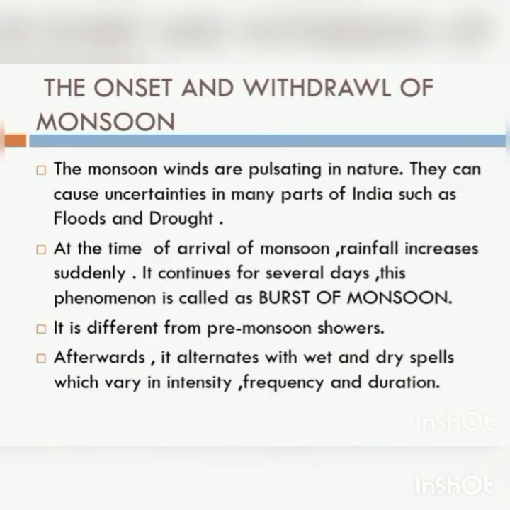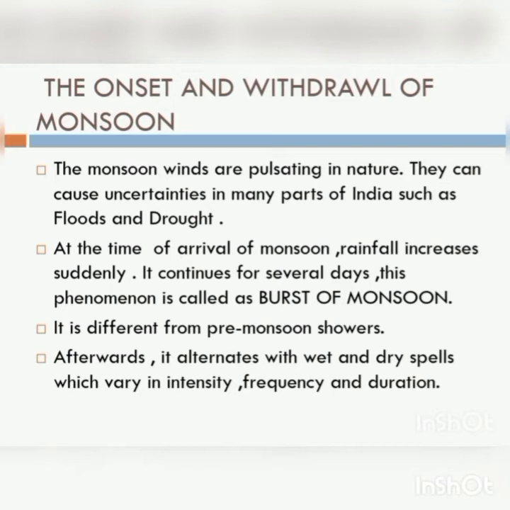The onset and the withdrawal of monsoon. It means when the rain arrives or it goes away. The monsoon winds are pulsating in nature. It means sometimes they are high and sometimes they are less. They can cause uncertainties in many parts of India, such as floods and drought.